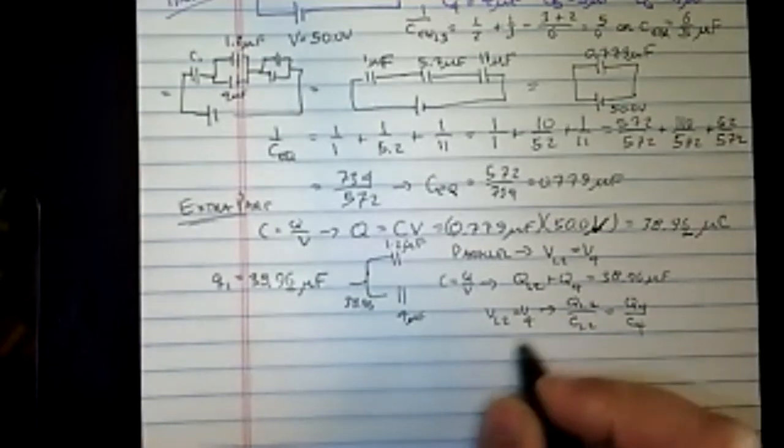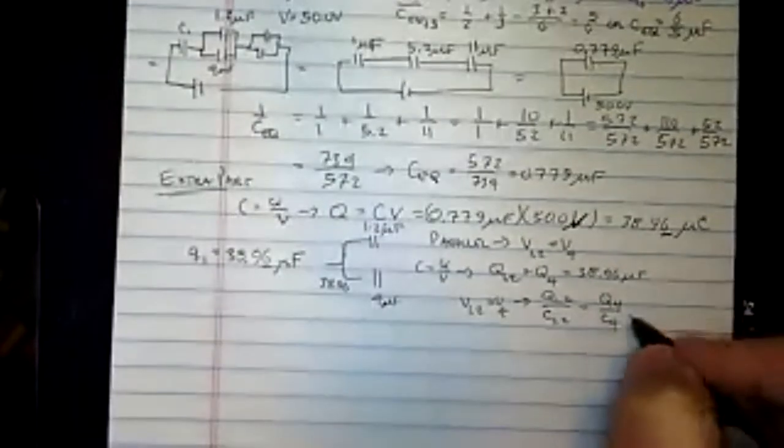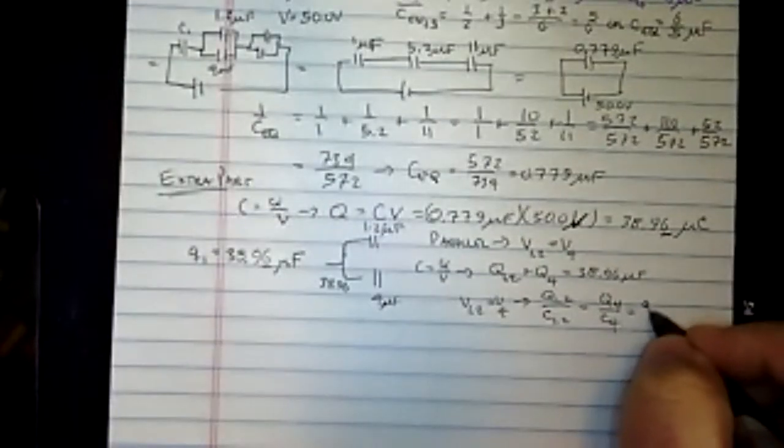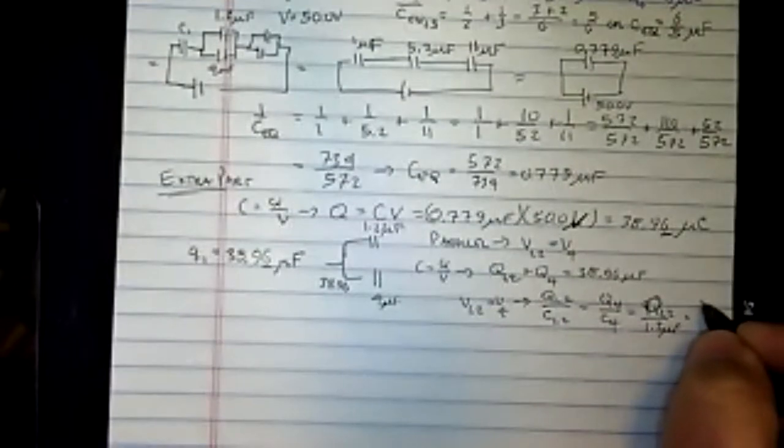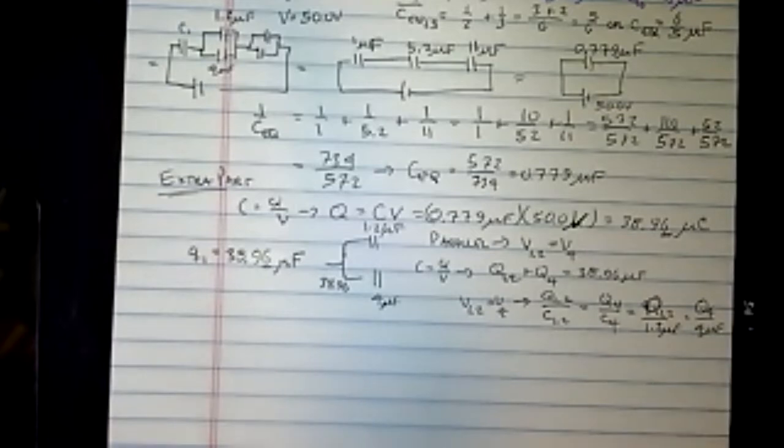Well, that's pretty straightforward. What that means is Q1.2 over 1.2 microfarads is equal to Q4 over 4 microfarads.